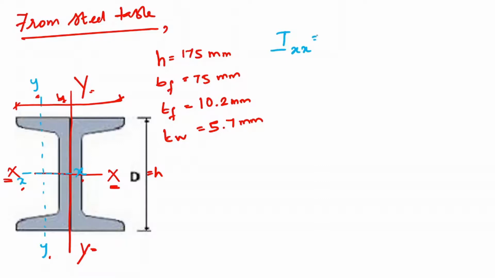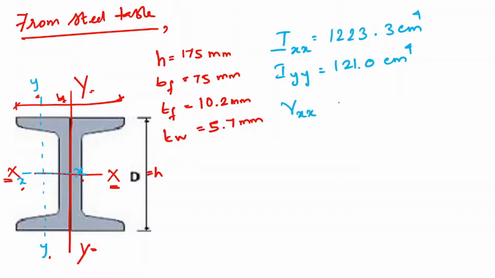I'm writing Ixx as a small xx because it is the single channel's moment of inertia about the xx axis, which is 1223.3 centimeter to the power 4. The moment of inertia about the small yy axis is 121.0 centimeter to the power 4. Radius of gyration about small xx is 7.08 centimeter, and radius of gyration about small yy is 2.23 centimeter.